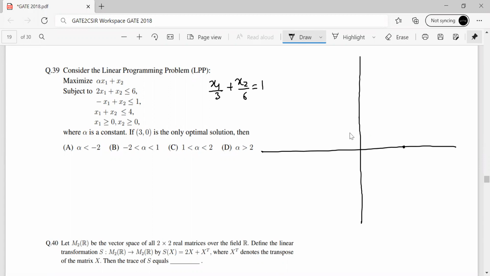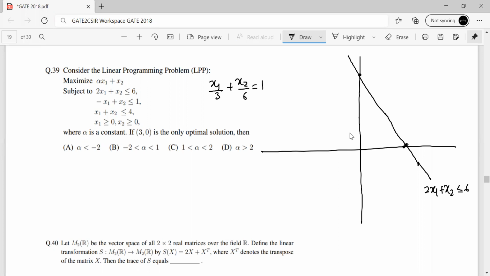So this will be 3, 0 and this one will be 6. If I draw the line, in this region I have 2x1 plus x2 less than or equal to 6. And then x1 plus x2 is less than or equal to 4.